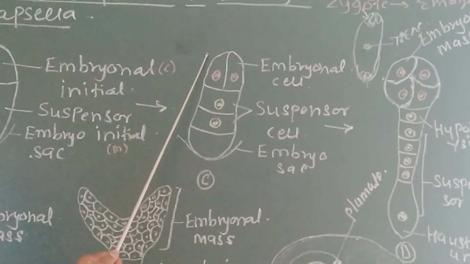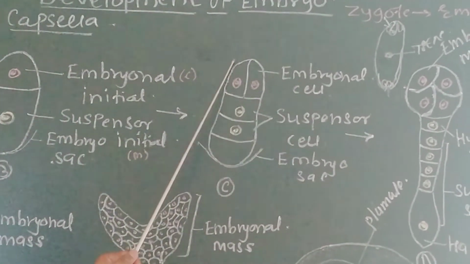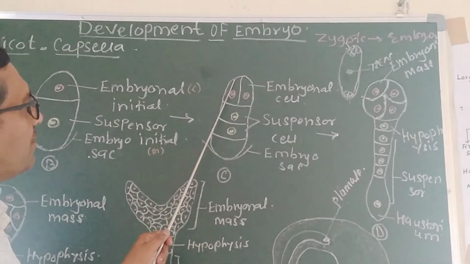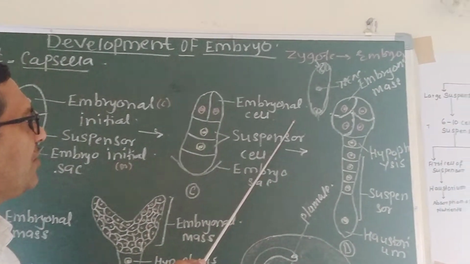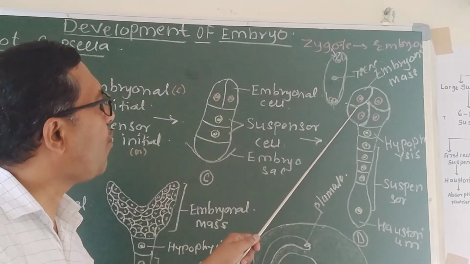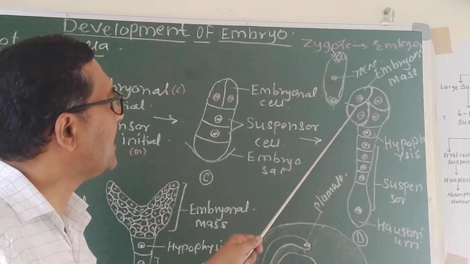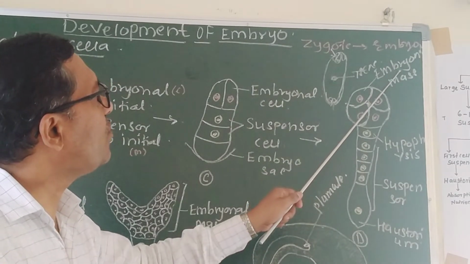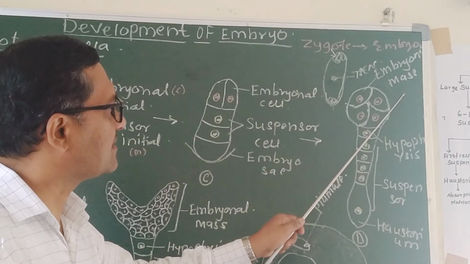In the first mitotic division, two embryonal cells are formed. In the second mitotic division, from two cells four embryonal cells are formed. It is known as the embryonal mass.